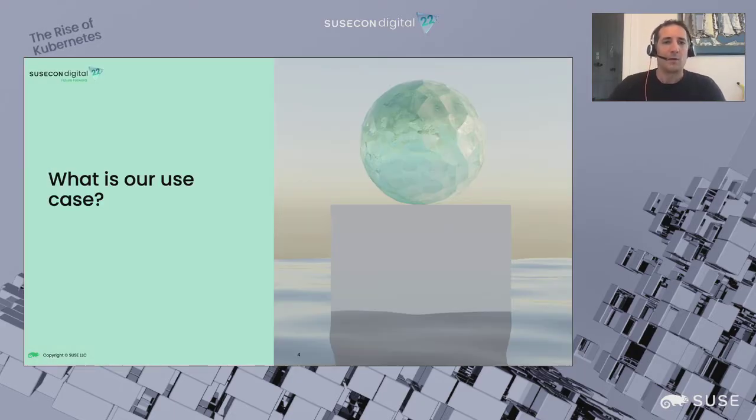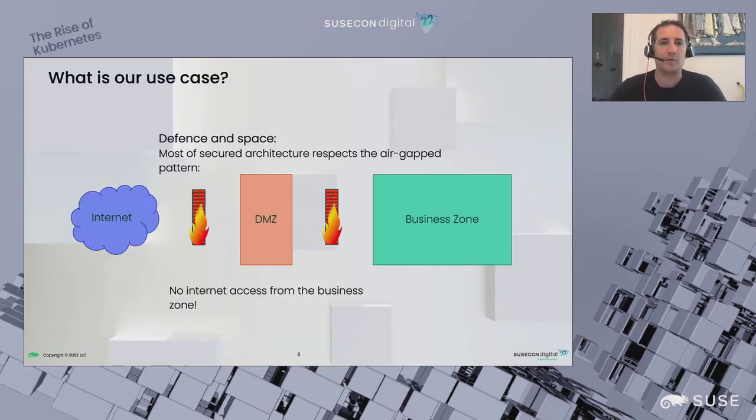So I'll start by explaining what our use case is. As I mentioned, I'm from Airbus Defense and Space, and in those sectors, security is really at the core. So this is a pattern here that we respect for almost all our designs. We have public or internet access on the left.